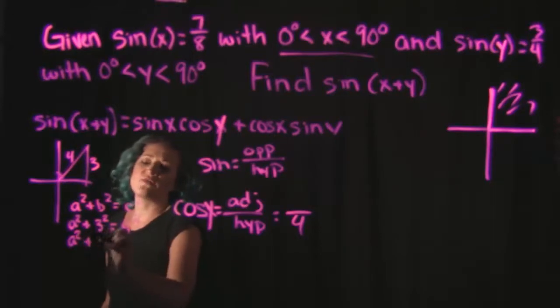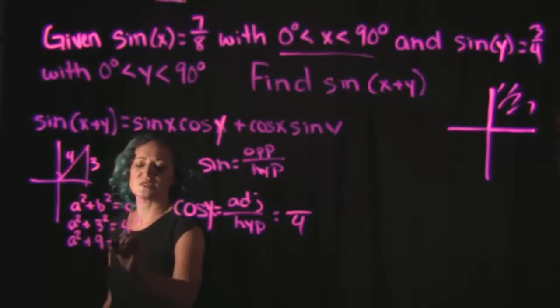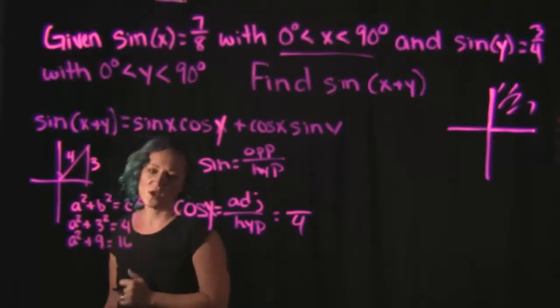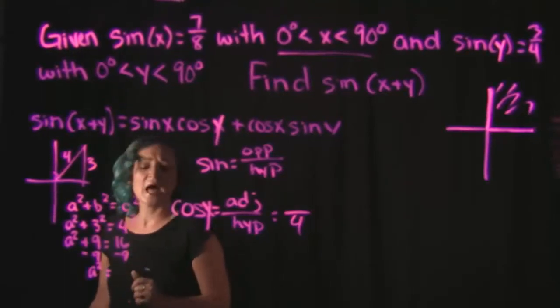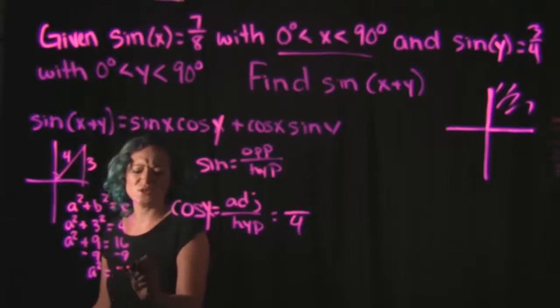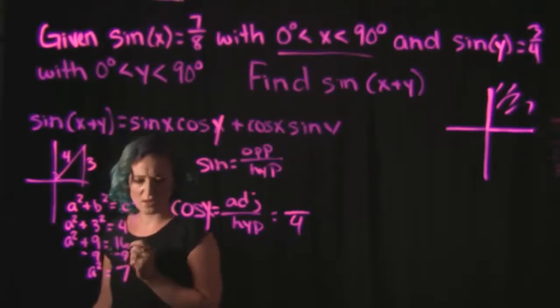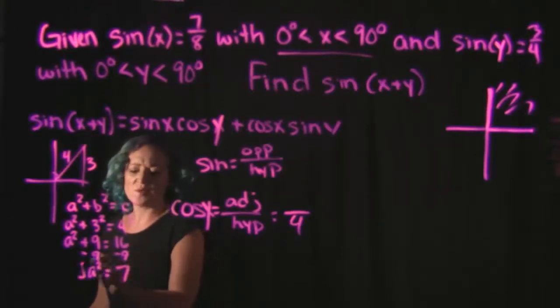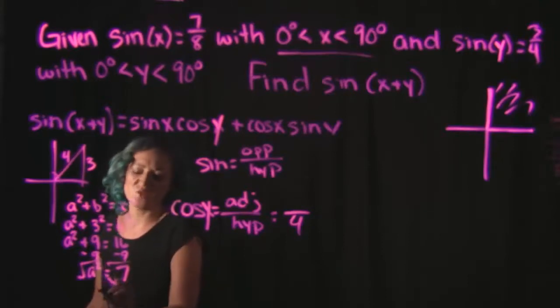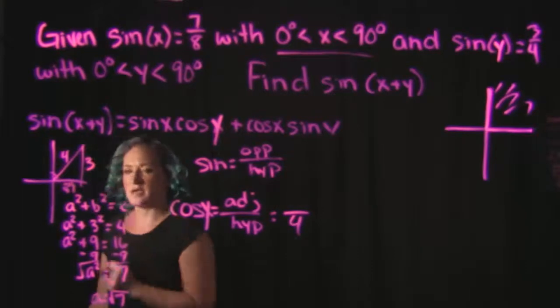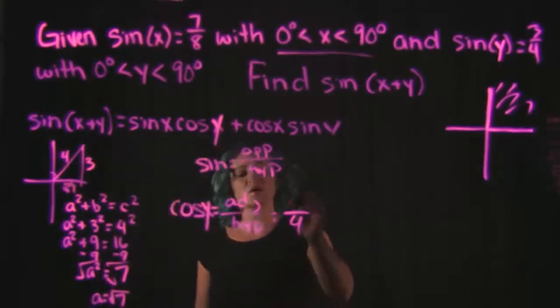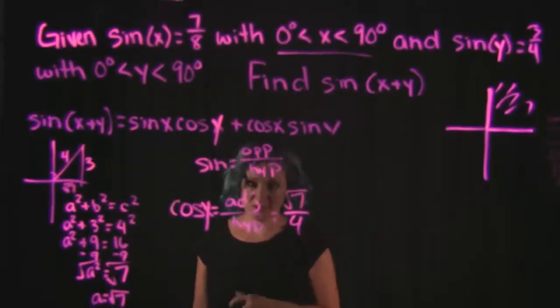When we square everything, 3 squared, 3 times 3 is 9, 4 squared, 4 times 4 is 16. When we subtract this 9 on both sides, I do get a 7 here. And when we take the square root of both sides, we get that A is equal to the square root of 7. Okay, so that means cosine of y is equal to the square root of 7.